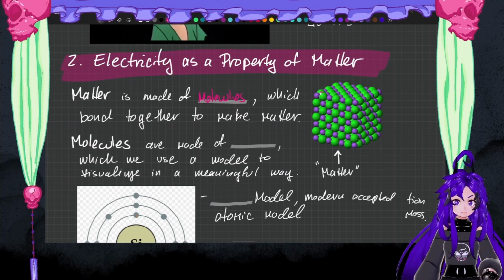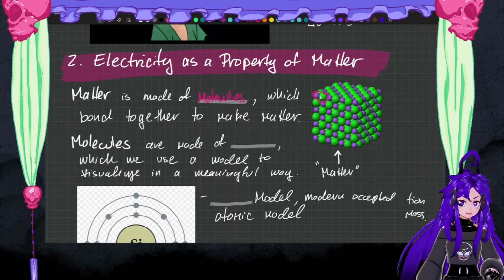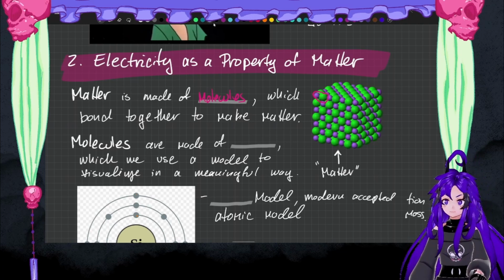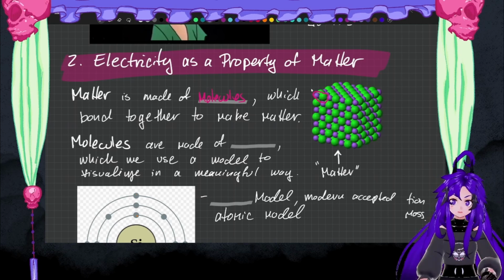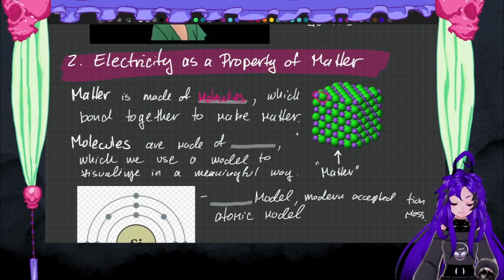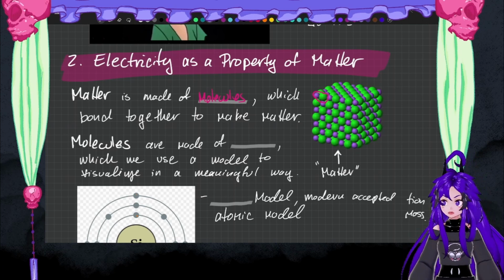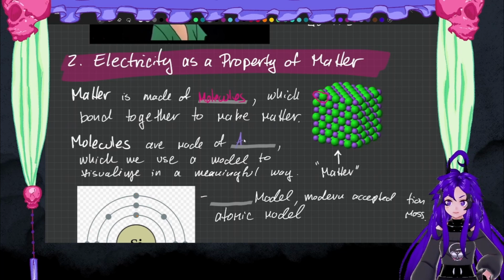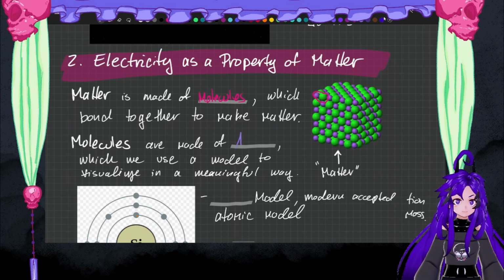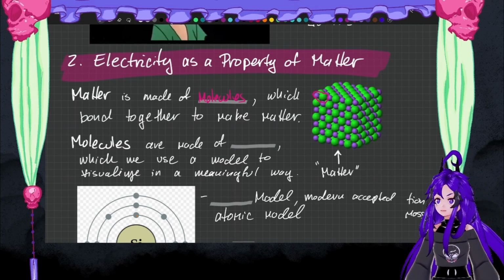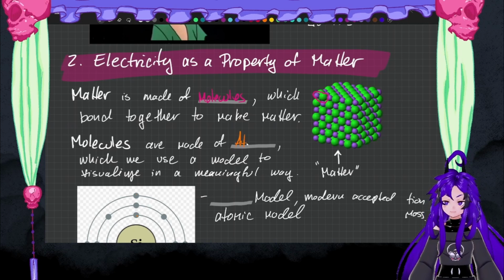It's made out of molecules. And you see how these are groupings of this really big green guy and this really little purple guy? Well, that's a molecule. And each one of these orbs is an atom, okay? So molecules are made up of atoms.